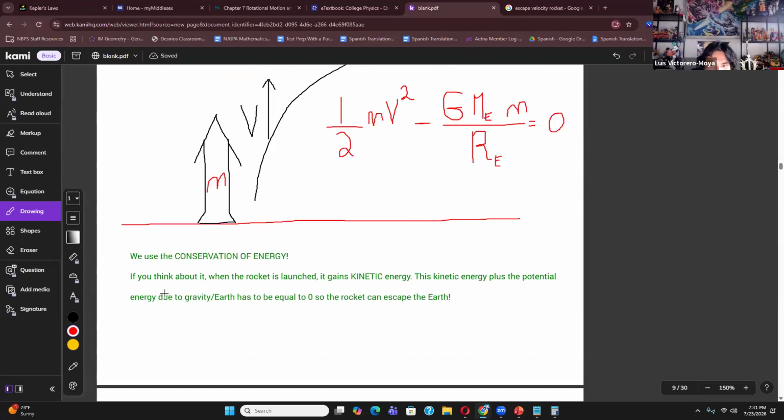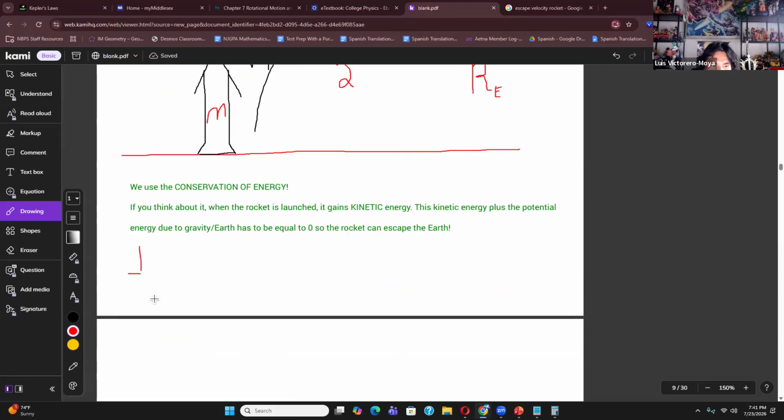So 1/2 mv squared is GMm over the radius of the Earth. Mass cancels.